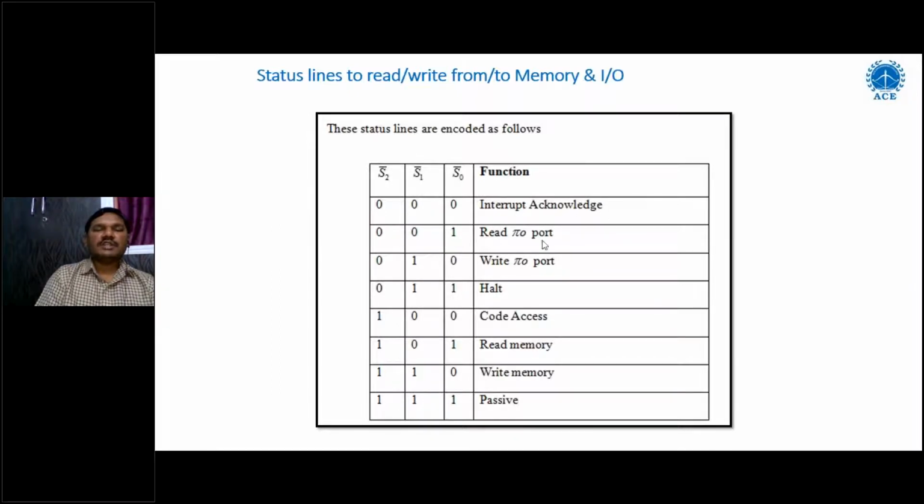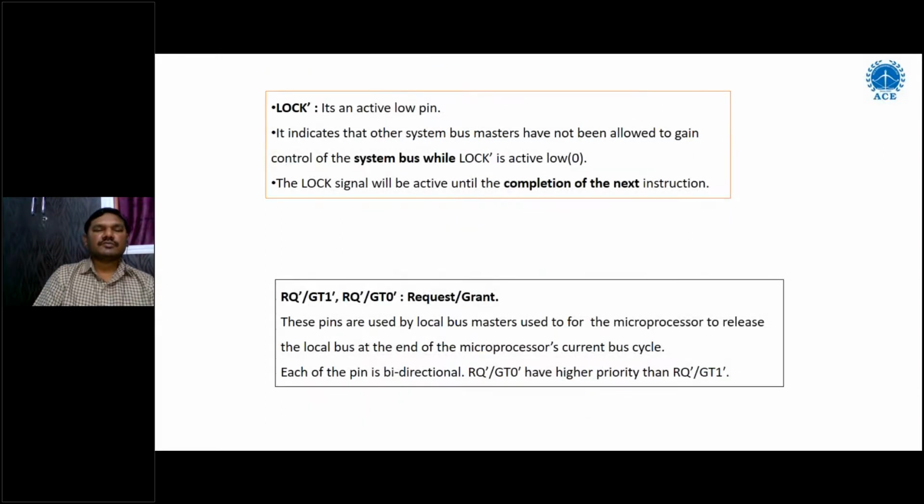The concept of interrupt we will see later. If it is 001, read IO port. If it is 010, write IO port. 011, halt or stop temporarily. 100 means access the code segment. 101 is read from the memory. 110 is write to the memory. And 111 is passive. No operation will be performed. So this is the status of S0, S1, S2 pins.